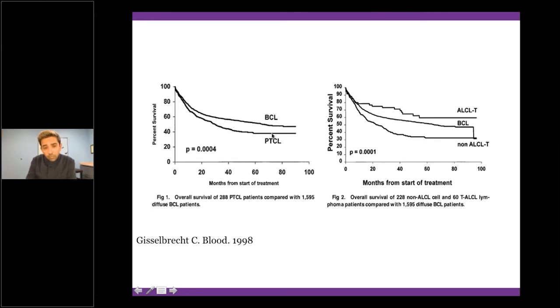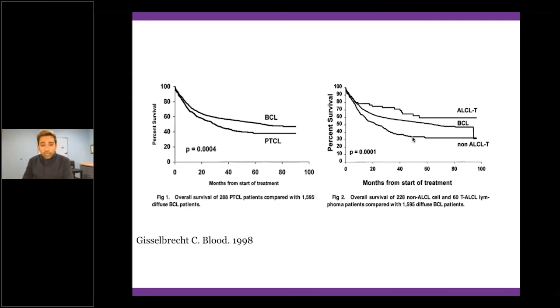So we knew that the outcome of patients with peripheral T cell lymphomas was inferior to the B cell ones. And we were further able to divide the peripheral T cell lymphoma into ALCL subtype and non-ALCL type. Again, you can see that the ALCL subtype had a better outcome compared to the ones that were not ALCL.